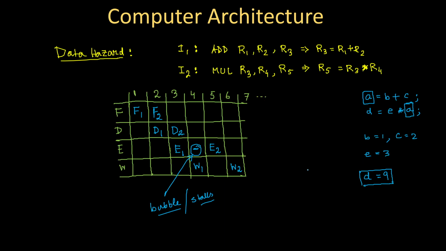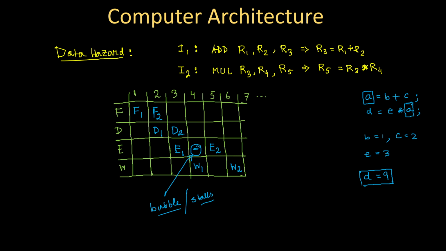It means that the exact actual value of A is not available at this time, that's why you cannot continue with executing E2. That means here is the unavailability of the data A. So this is what a data hazard actually is.